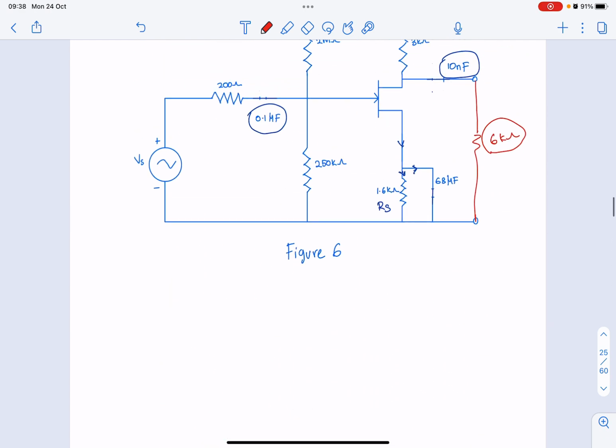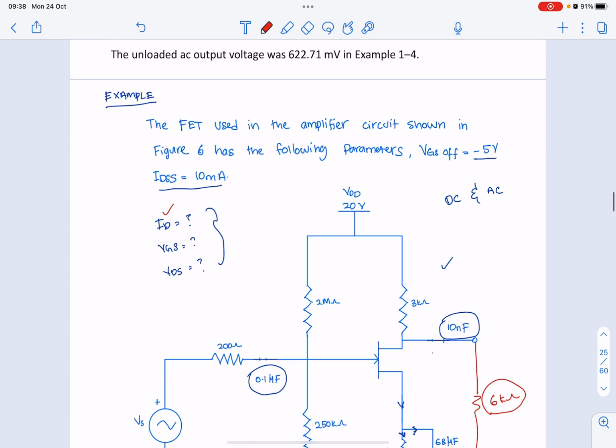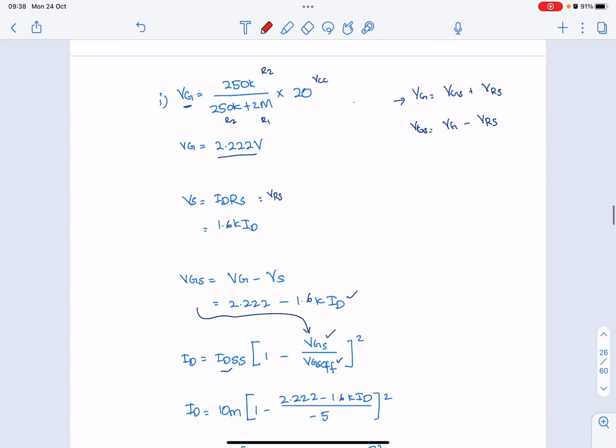To summarize, in order to solve any FET question, you need to know what your ID, VGS and VDS are. Basically, in voltage divider biasing, you need to know your VG, so you need to apply the voltage divider rule.